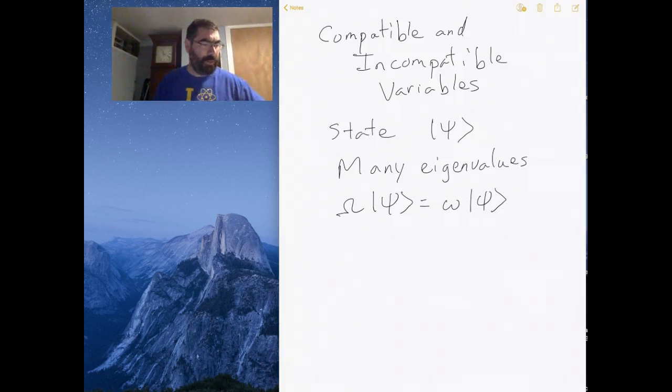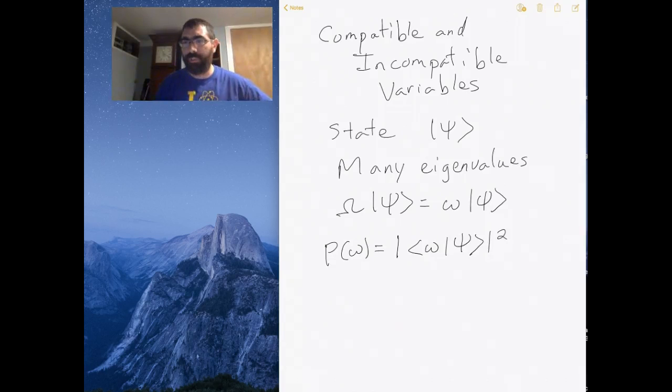If I want to calculate the probability that I'm going to measure this single eigenvalue, omega, I calculate it from the norm squared, where I've taken the full state, psi, and projected it onto the single value I'm looking for, omega, and then I square it.